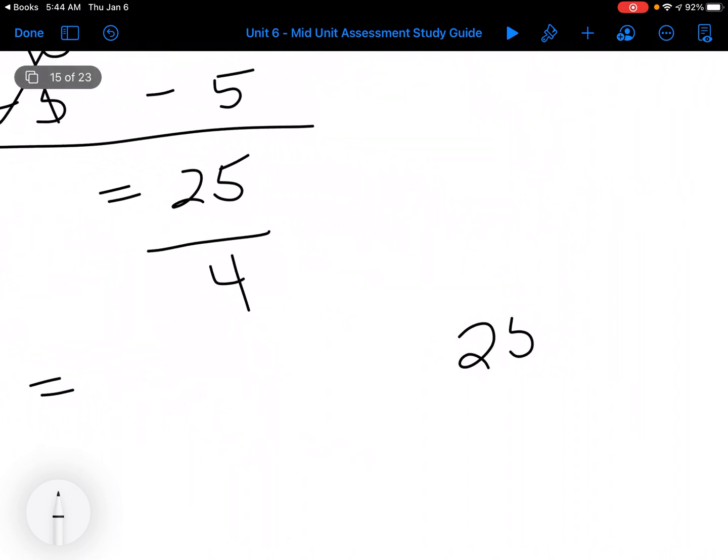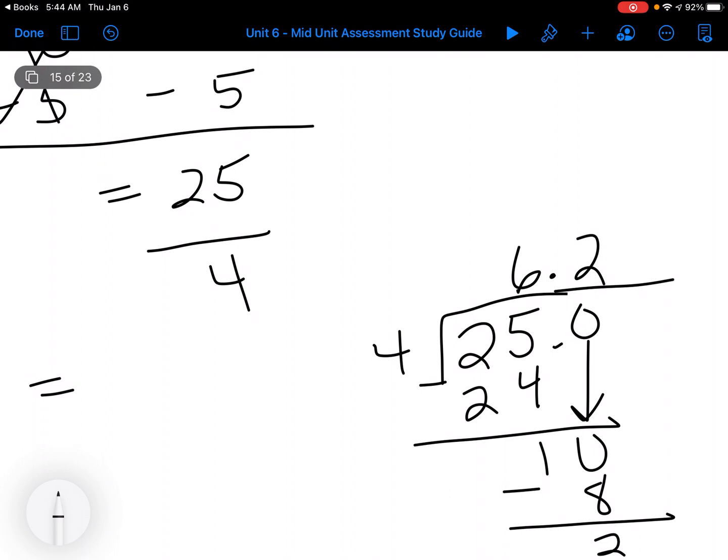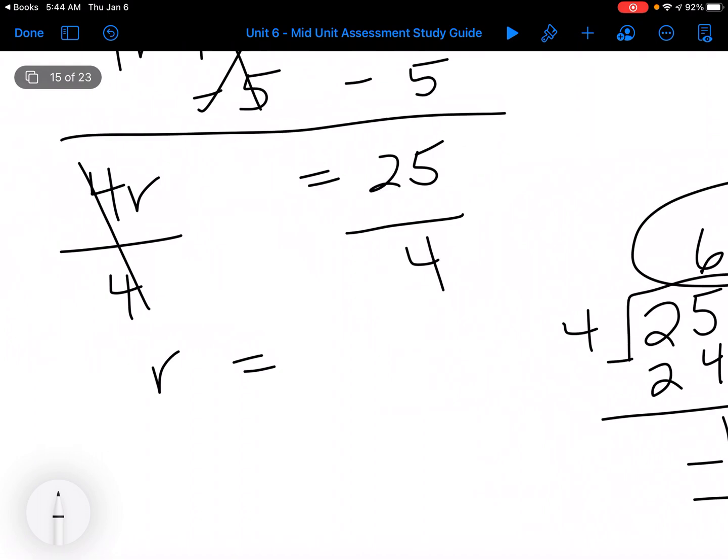So 25 divided by 4. Well, I get 6. And I have to add a decimal. 4 goes into 10 2 times. 4 goes into 25 times, no remainder. So she makes $6.25 an hour.